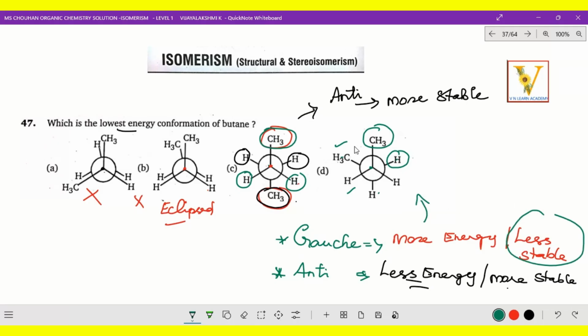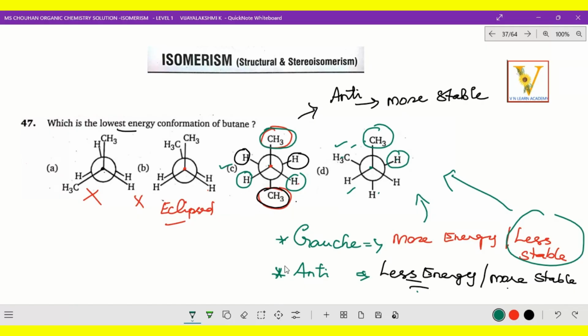Why? Because the groups are near each other, so naturally steric repulsion will be present. And the anti form is more stable with less energy, so it is the lowest energy conformation. So C is the correct option.